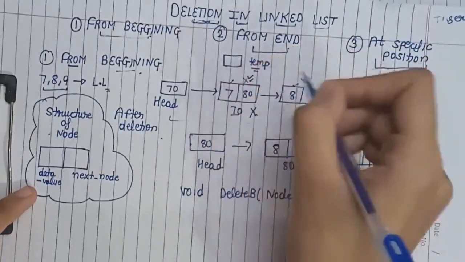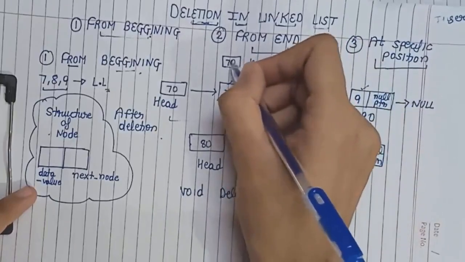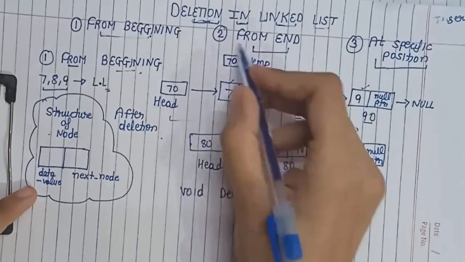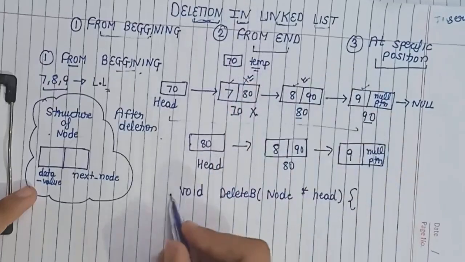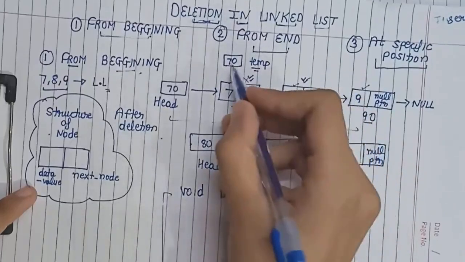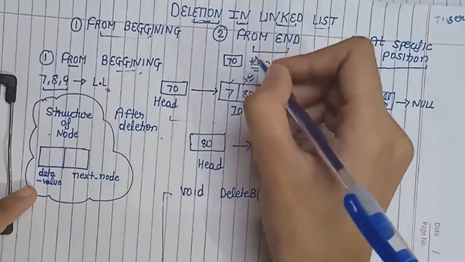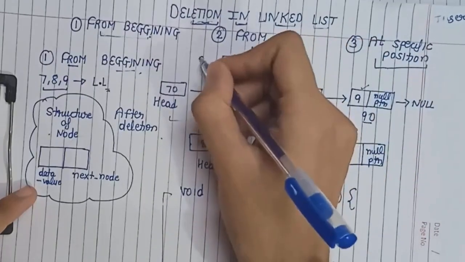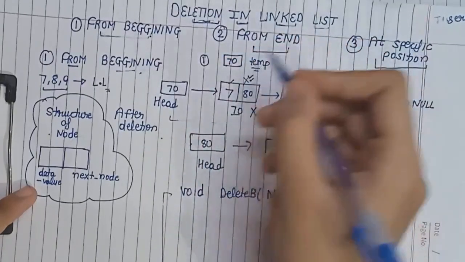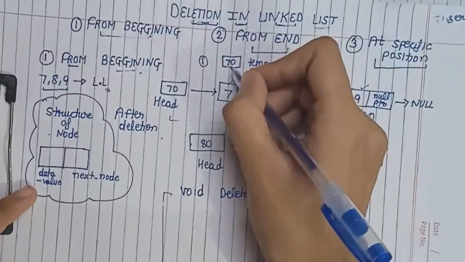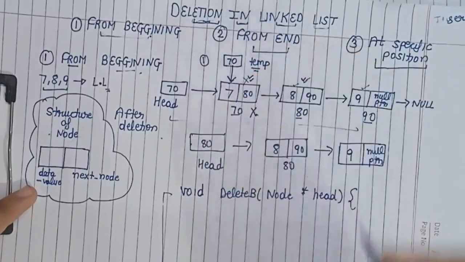I will be storing the address 70 in it. How we do this using code I will tell you here, but let us understand the concept first. The first step is we have made the pointer temp which is pointing to this first node.